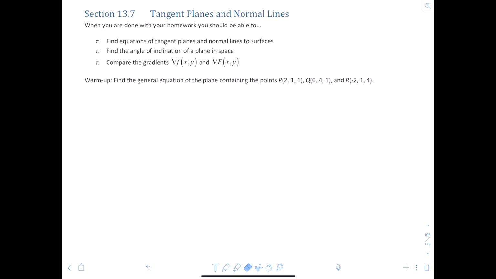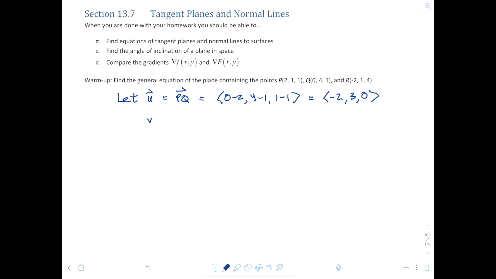Why don't we let the vector u equal PQ, the directed segment PQ, which would be equal to the vector 0 minus 2, 4 minus 1 in the component form, and then 1 minus 1, which is <-2, 3, 0>.